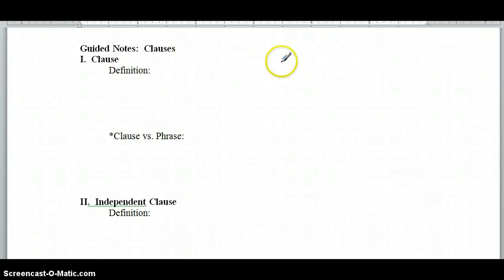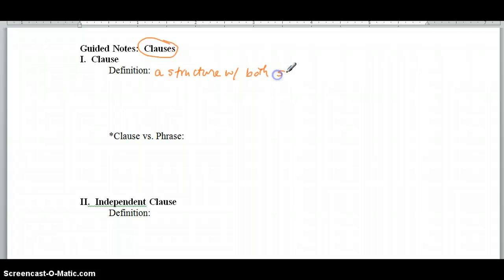This grammar unit is going to deal with clauses. And now clauses are another very essential part of our sentence structures. And the definition is going to be a structure with both a subject and a verb.